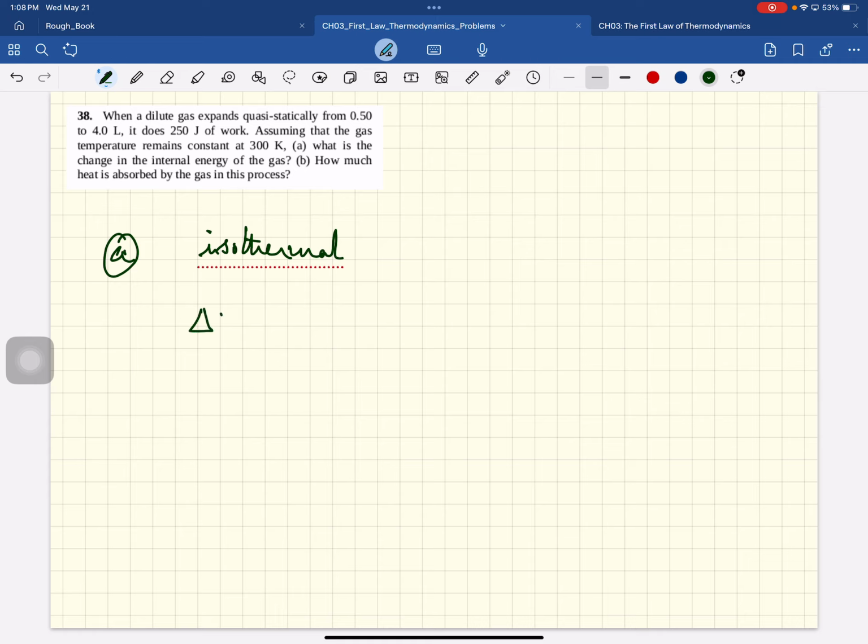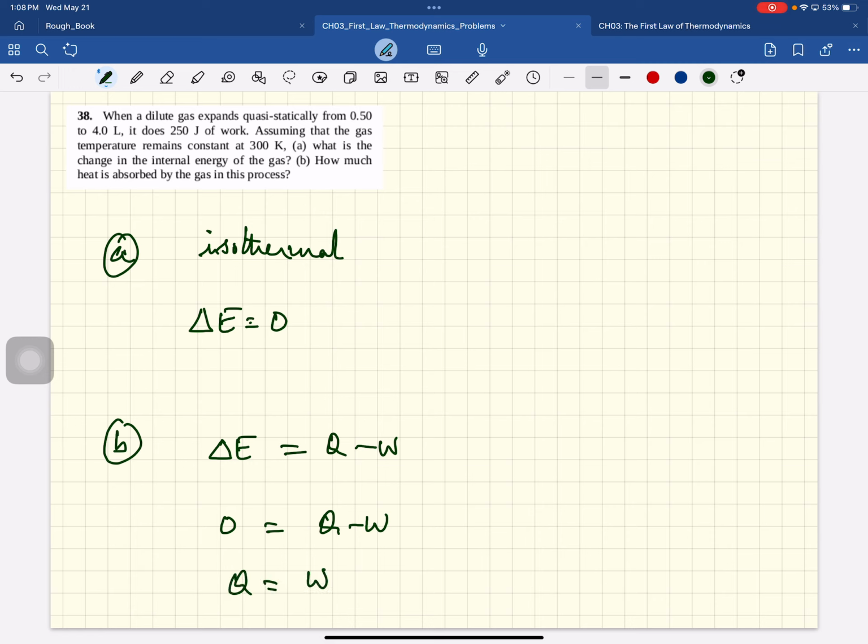Temperature is constant, so the change in internal energy is 0. How much heat does it absorb? Since this is 0, the amount of heat it absorbs is equal to the work done, which is equal to 250 joules. So it was an isothermal expansion, and the amount of work it did was equal to the amount of heat it absorbed.